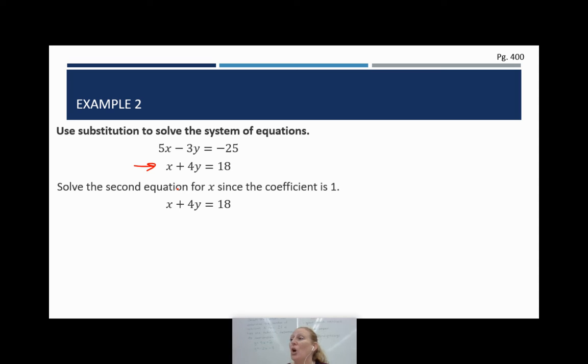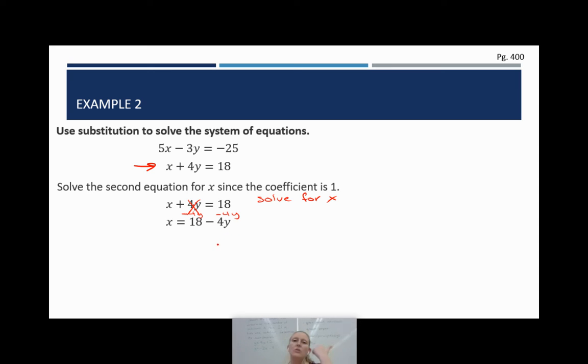So I'm going to go ahead and solve for x. That means I am going to subtract 4y from both sides. So those will cancel out. That's why we did it. And now I have x equals 18 minus 4y because those are not like terms.